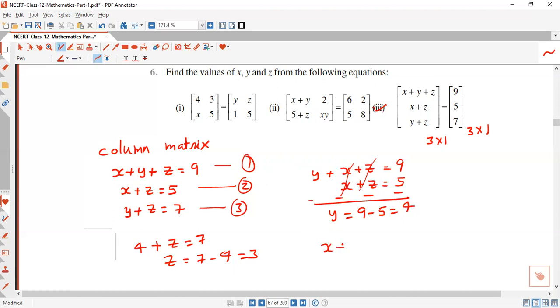So x plus 3 equals 5, so x comes out 5 minus 3, that is 2. So the triplet has the values x is 2, y is 4, and z is 3.